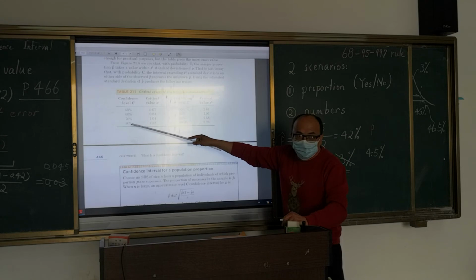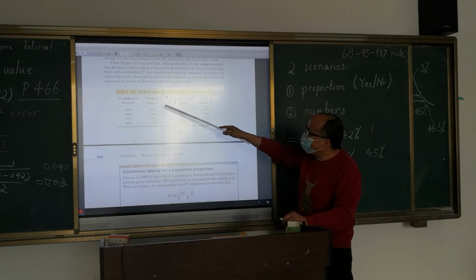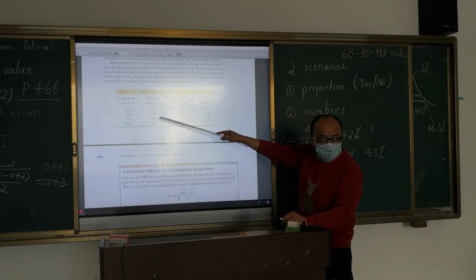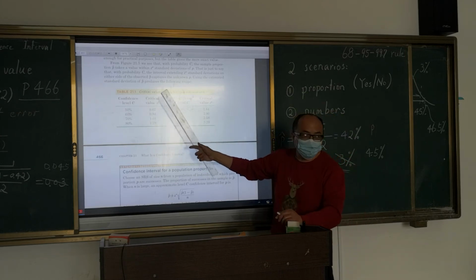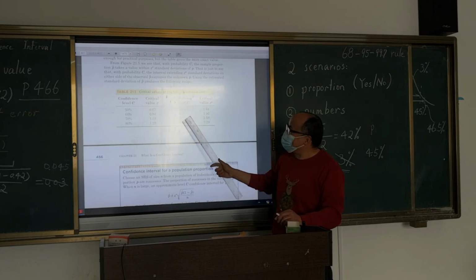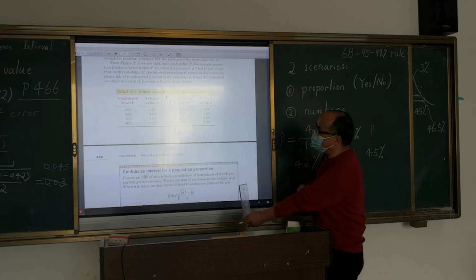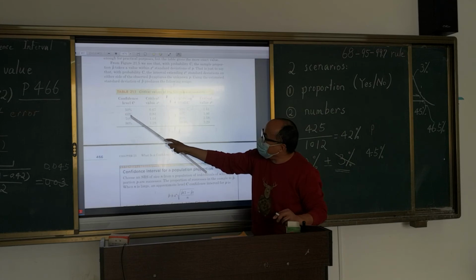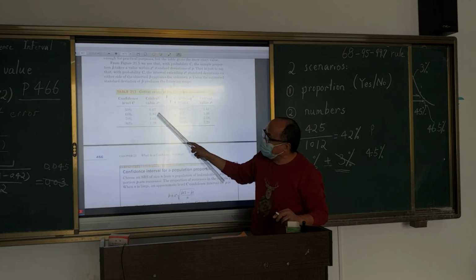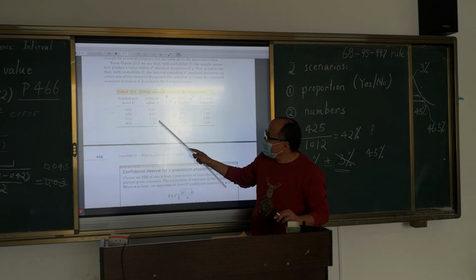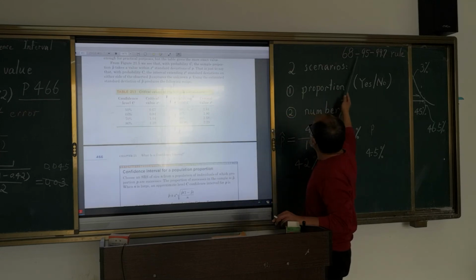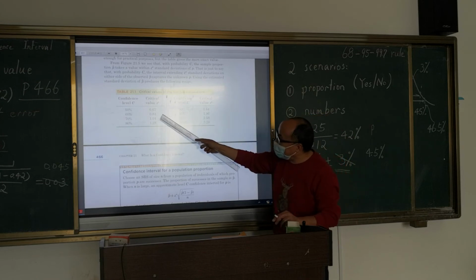For 70% confidence, it is 1.04. They don't list 68%. They should list 68% in between, and this is 1.0. They listed only 70%, so it's slightly more than 1.